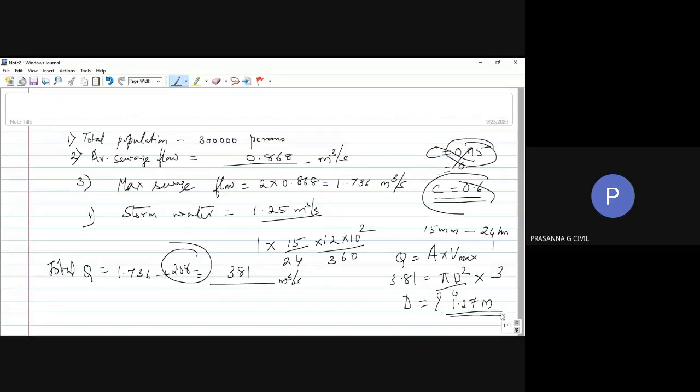Okay, so to make your work easy and so they won't have to give any other C coefficient values, they have given you that every drop of water that is falling on the ground is running off. 100% runoff. That's why we have taken 1, but otherwise, under normal consideration, this 1 is not a value that you will be taking.